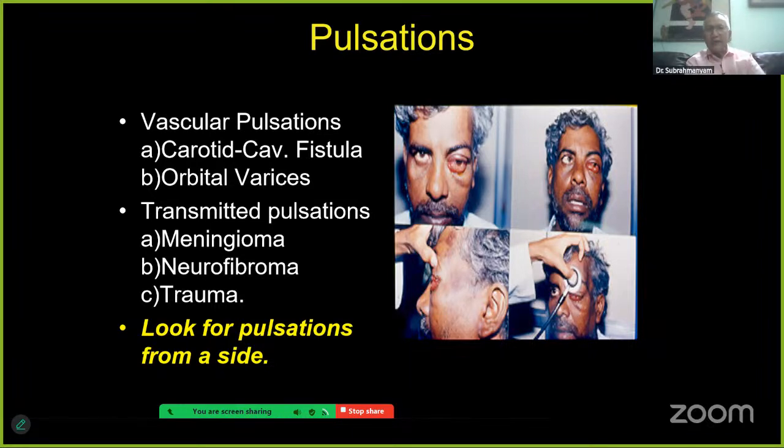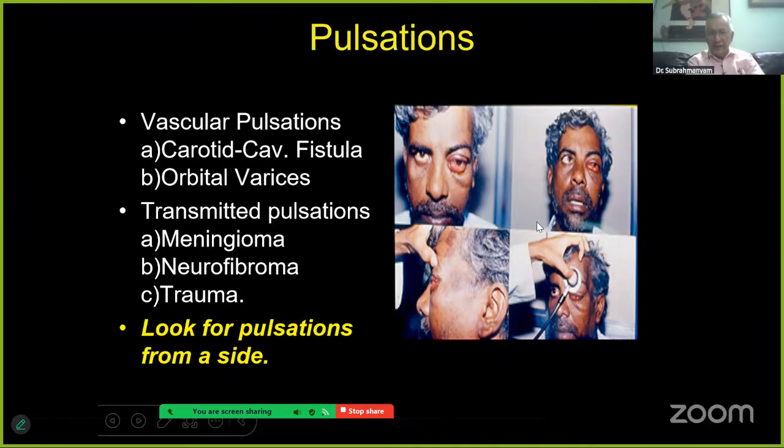Transmitted pulsations are because of dehiscence of the roof, a communication between the brain and the orbit, so that the pulsations of the brain are transmitted. It occurs in meningioma, neurofibroma where the roof is absent, or loss of roof due to trauma.